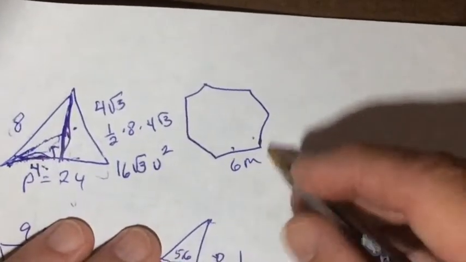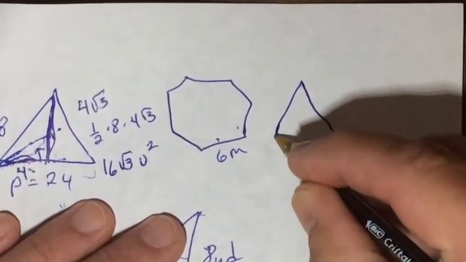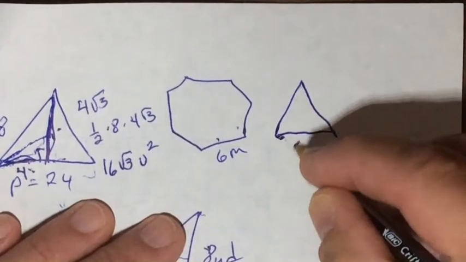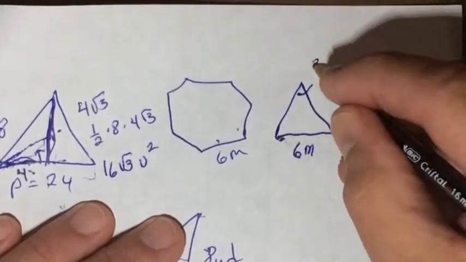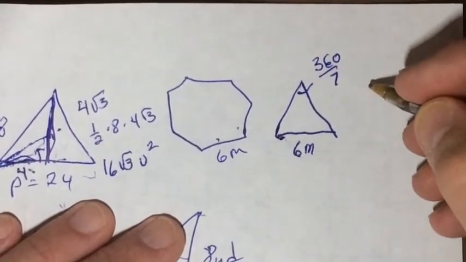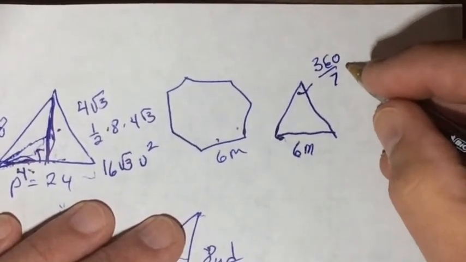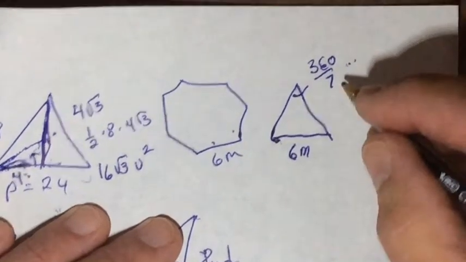Here, we have to take one of the central angle triangles. Okay. This is 6 meters. This angle right here is 360 degrees divided by 7. It's not a pretty picture.